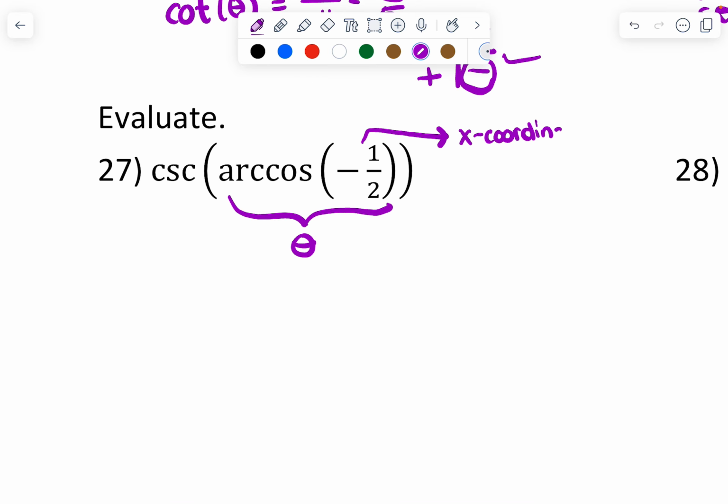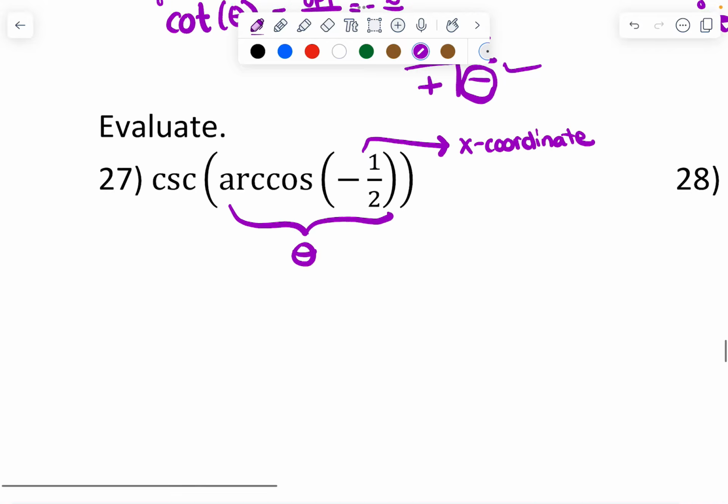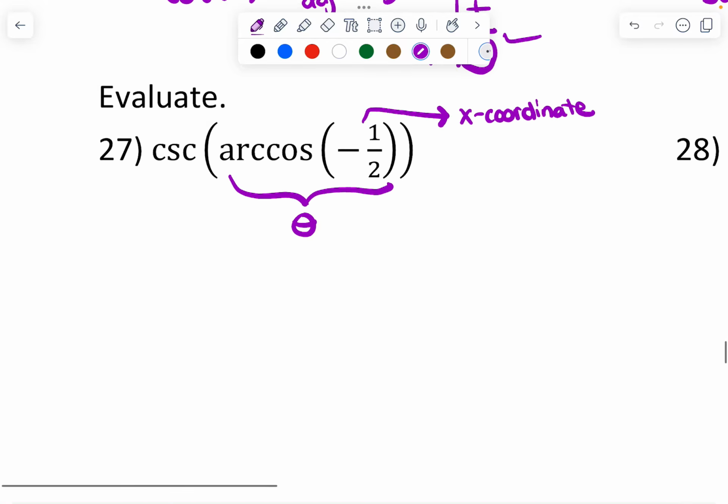So remember, we are working our way from the outside to the inside. With non-inverse trig, we have an angle, and then we expand out to find that coordinate. With inverse trig, we have a coordinate, and then we work our way in to find the angle, okay? So this coordinate is -1/2 for arc cosine. Arc cosine exists in quadrants 1 and 2.